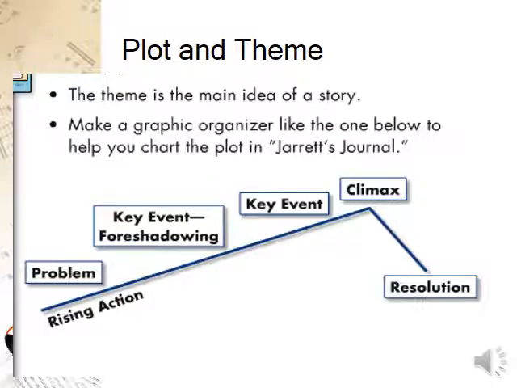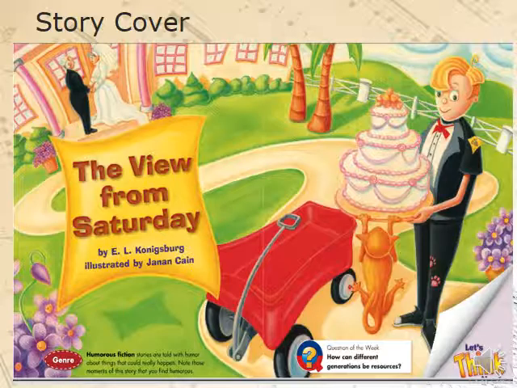Here this is the graphic organizer we use to look at the plot. Here we have the rising action and the climax, and at the end a resolution. This is the story cover.